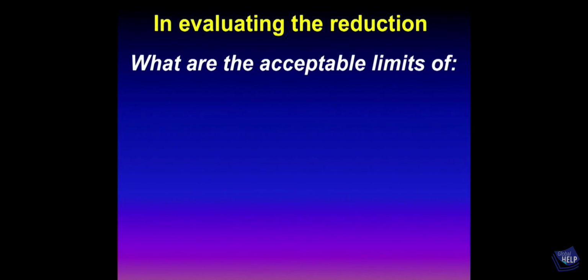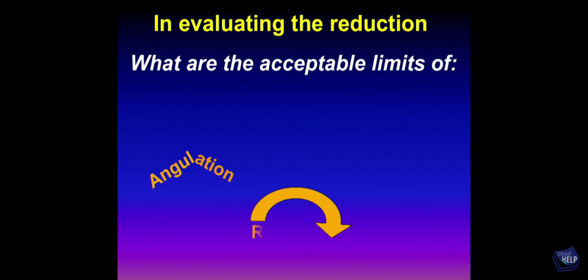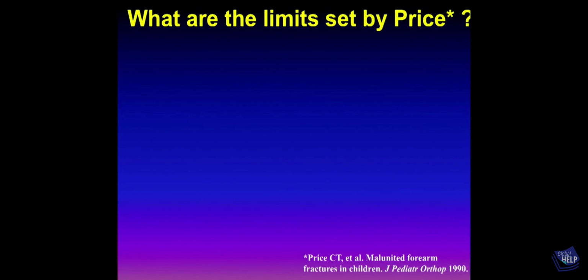So when we evaluate our reduction, what are the acceptable limits of angulation and rotation and shortening? Okay, Dr. Price years ago in the Journal of Pediatric Orthopedics reviewed a lot of fractures, and he had some that did not have perfect reductions, and what he did was he determined which ones give you sufficient remodeling and sufficient functional outcomes.